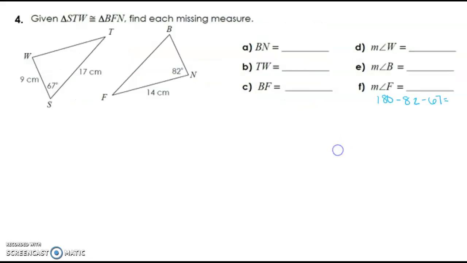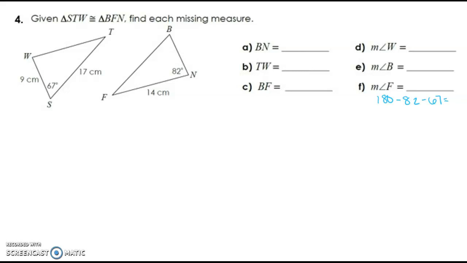Alright, so let's do one more example here. So if we're given triangle STW is congruent to triangle BFN, then let's go ahead and mark which angles and which sides are congruent.